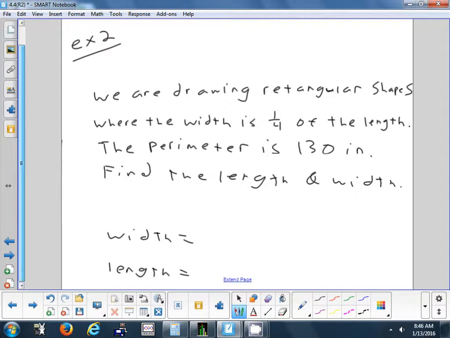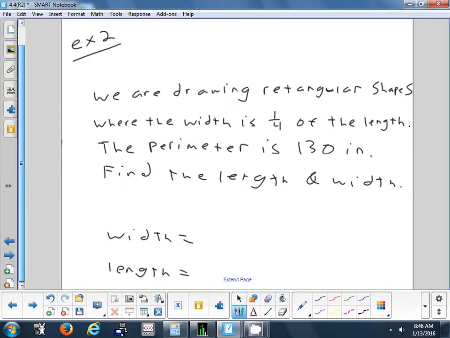Is it going to be width or length? Okay, how come? Length? You think length? How come? Yeah, because it's last. You always go with the one at the end of the sentence. Whatever appears there, that's your single variable.